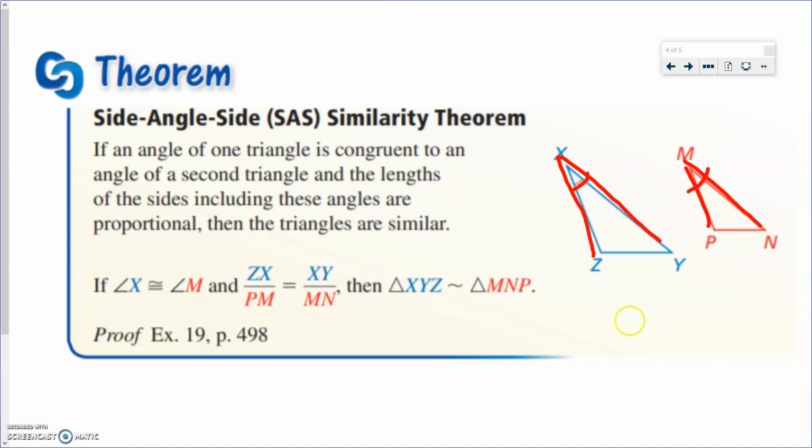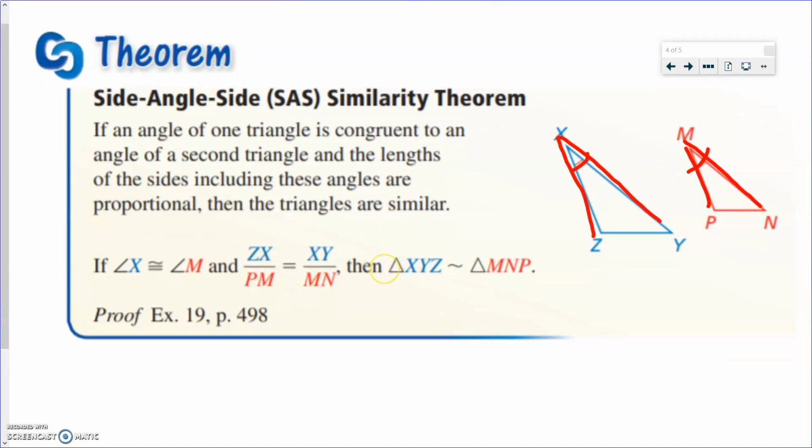ZX over PM, and XY over MN. If these fractions come out to be the same, then we can say triangle XYZ is similar to triangle MNP.